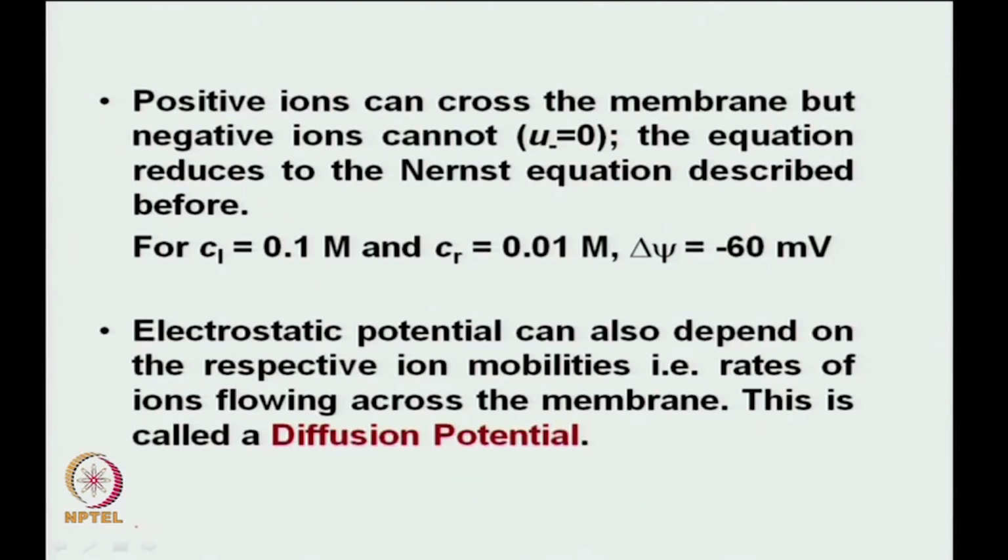So, instead of just calling it the electrostatic potential, why do we not refer to it as a diffusion potential, because this form also depends upon the rate of diffusion, or the rate of flow. That is why it is referred to as the diffusion potential.